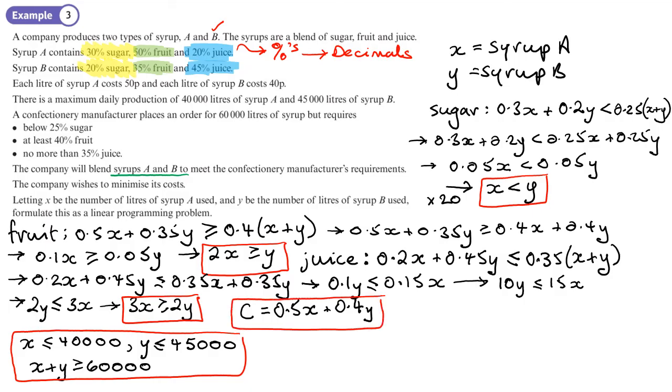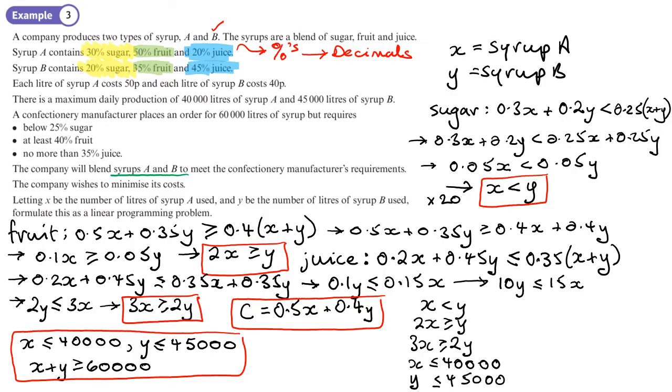Right, so now I can write down all my inequalities for my final answer. My constraints: x is less than y, 2x is greater than or equal to y, 3x is greater than or equal to 2y, x needs to be less than or equal to 40,000, y needs to be less than or equal to 45,000.